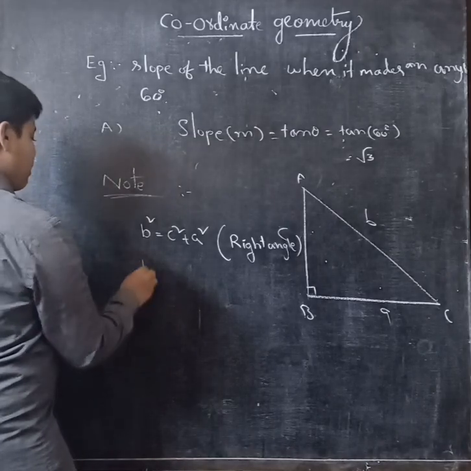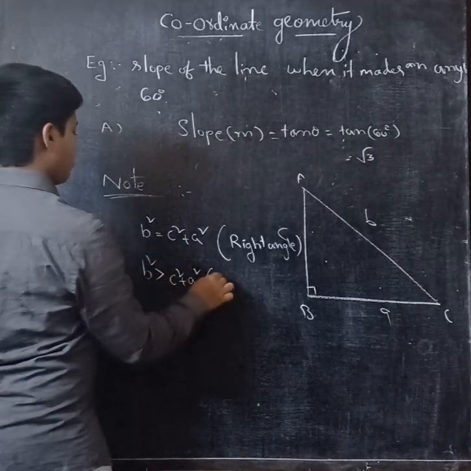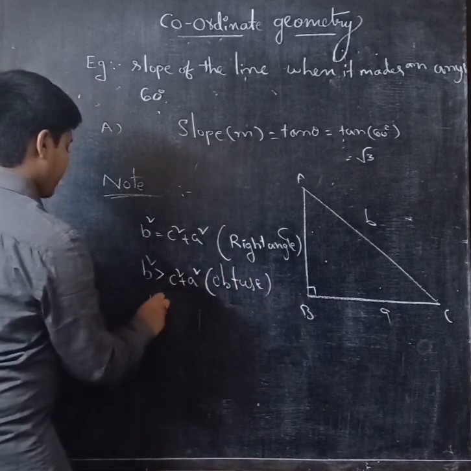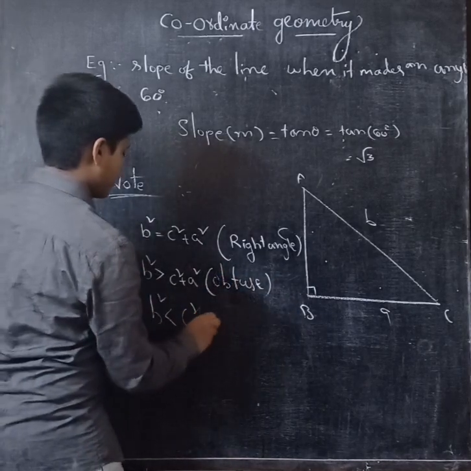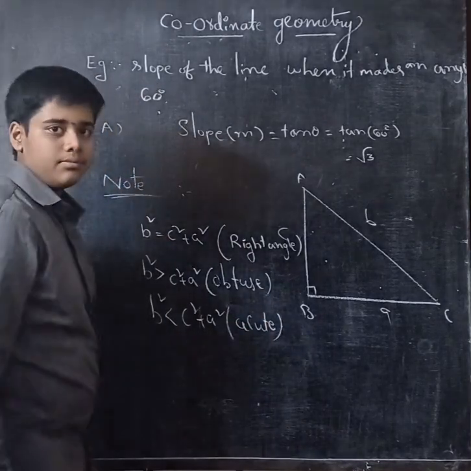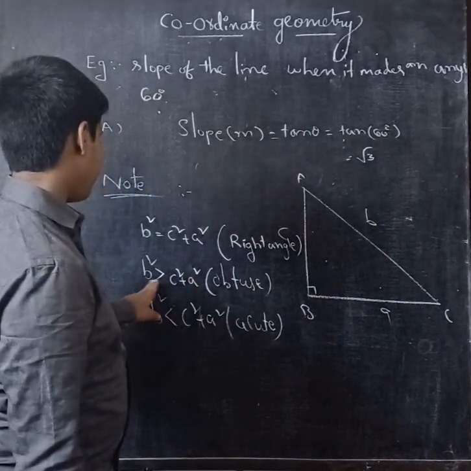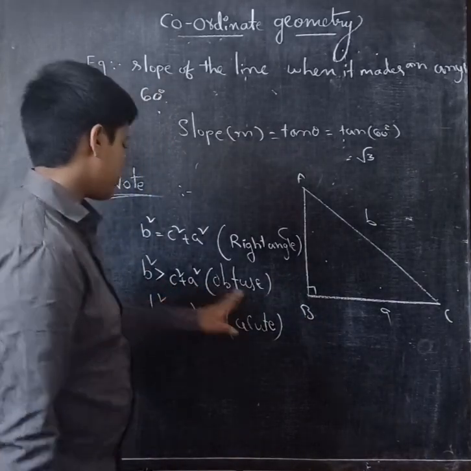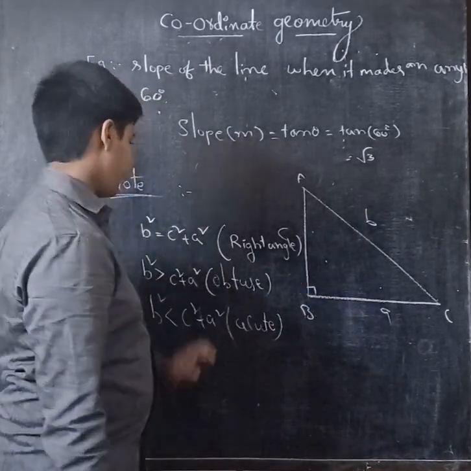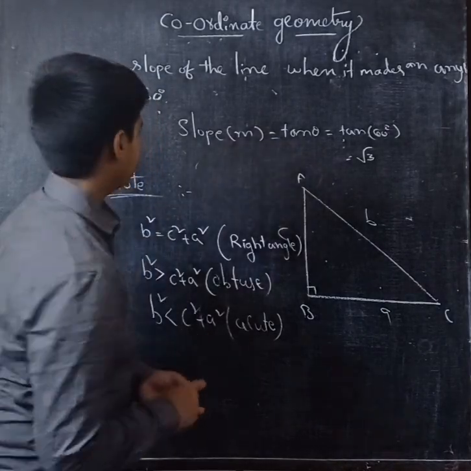If B square is greater than C square plus A square, it is obtuse. If B square is less than C square plus A square, it is acute. At the vertex B, when B square is greater than AC square plus A square, it is obtuse, and when it is less, it is acute. When it is equal, it is a right angle triangle.